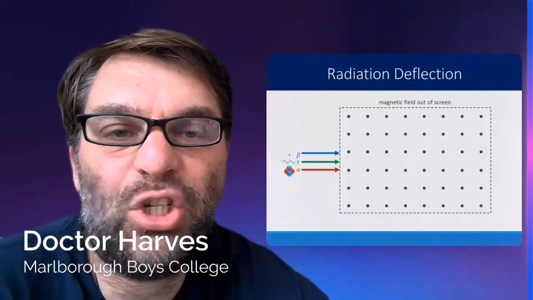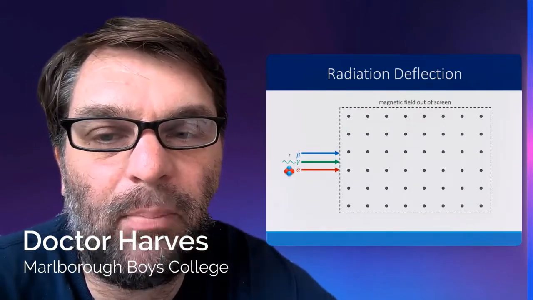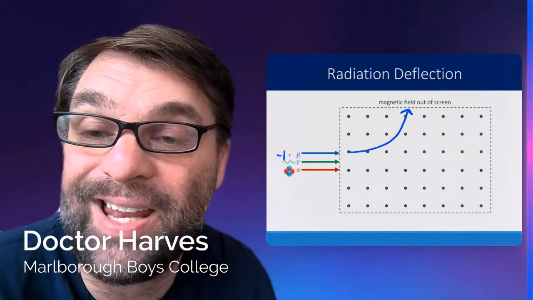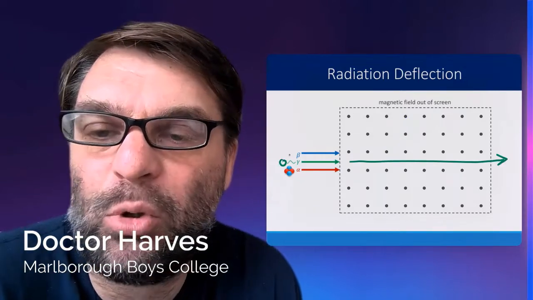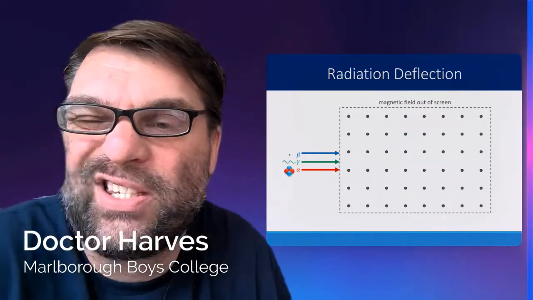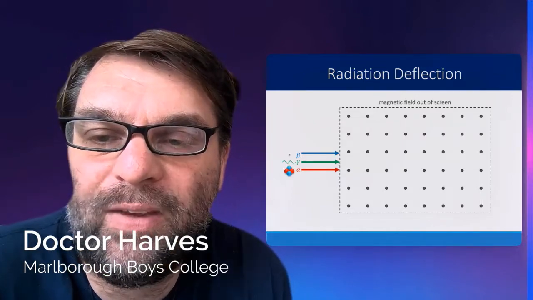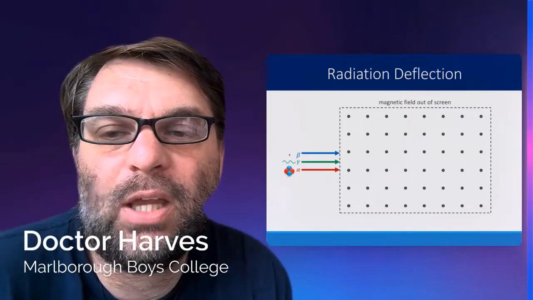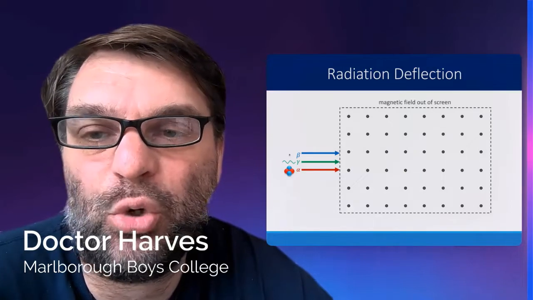In terms of radiation deflection, the beta particle in a magnetic field is pushed up, using Fleming's right-hand rule. The gamma ray goes straight through because it has no mass or charge, and the alpha particle, being slow moving and quite heavy, has a lot of momentum, but it goes down in a magnetic field coming out of the screen.